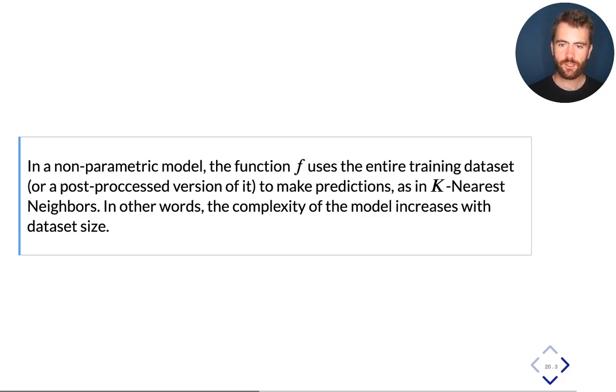And so since the complexity and the dimensionality of our model class keeps increasing as we collect more data, this is the reason why we call certain algorithms like K-nearest neighbors non-parametric. And this is the more formal definition in machine learning of what is a non-parametric algorithm.